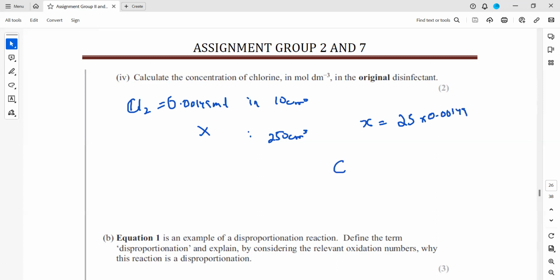And we need the concentration. Concentration is moles over volume. So the moles are 25 times 0.00149, and the volume of the solution, because the total volume of the solution was 250 in the volumetric flask.